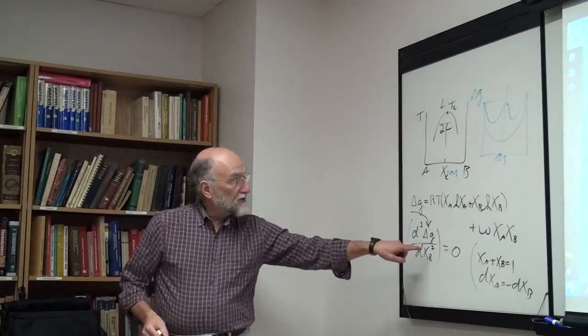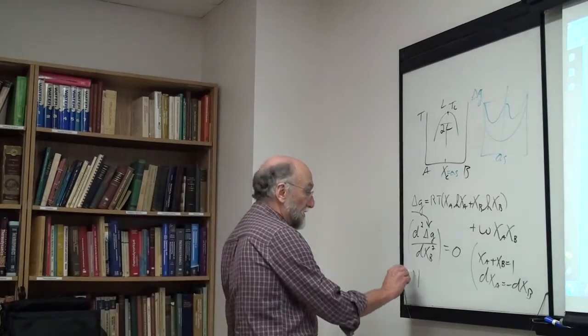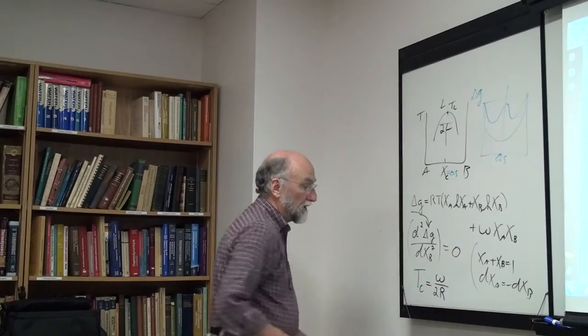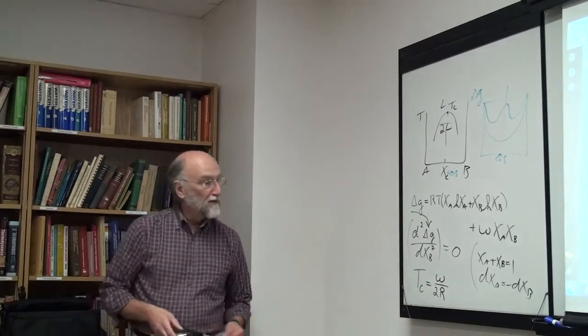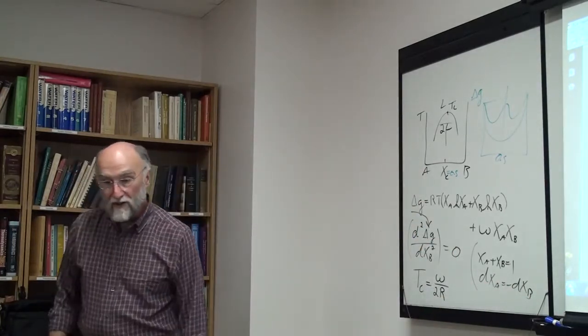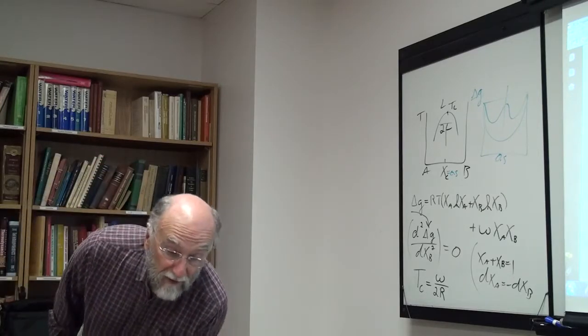You set that equal to 0, and that gives you T critical, which should be omega over 2R. I recommend that you do the differentiation and prove to yourself you can end up with that expression. That is the right one.